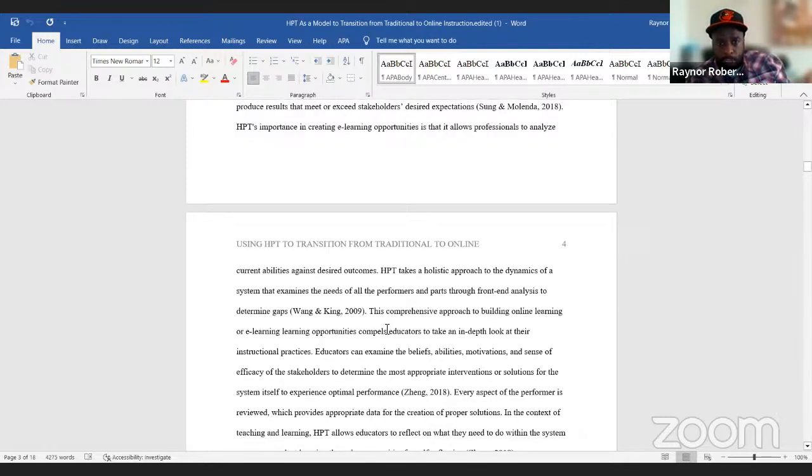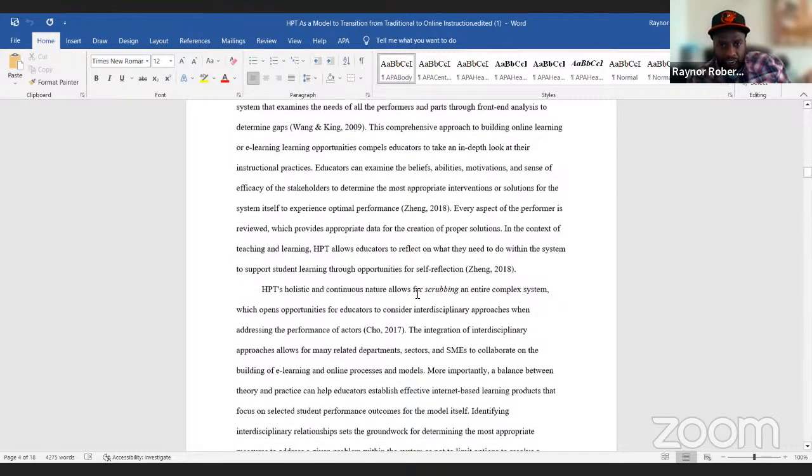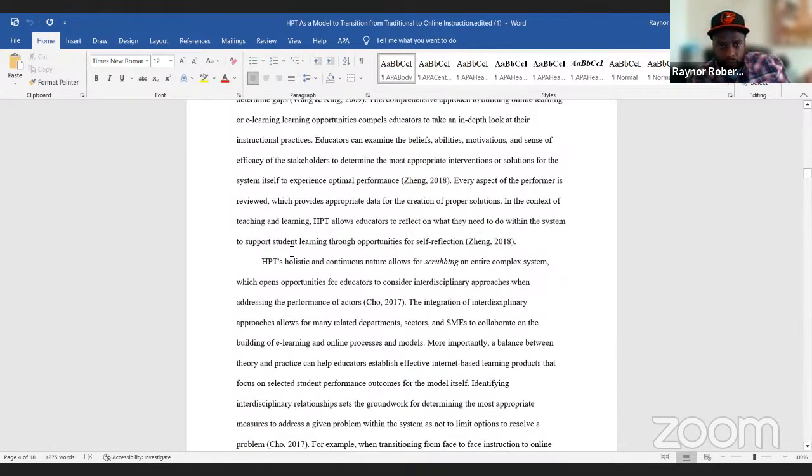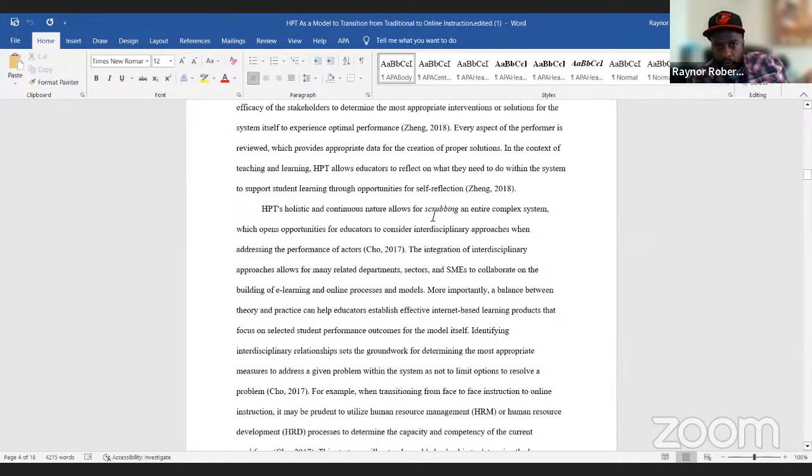Okay. Here's another in-text citation. Forgive this. This is just Grammarly saying I could have written it better. Okay. Again, I told you about the italics. You only put words in italics if the word is being used differently than what it would normally be used. In this case, it's scrubbing.